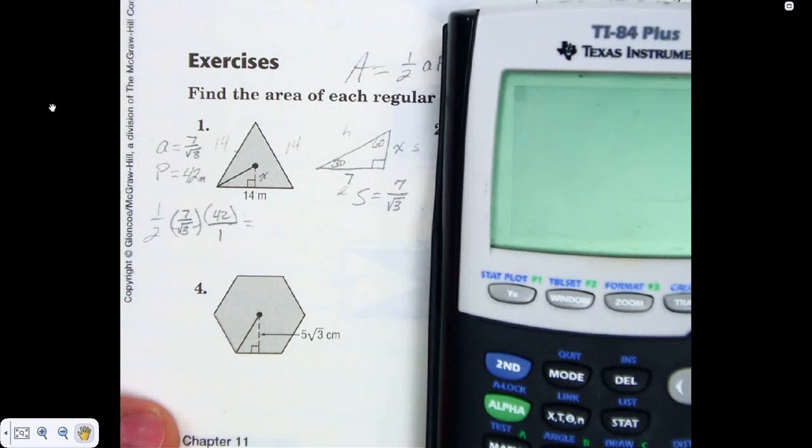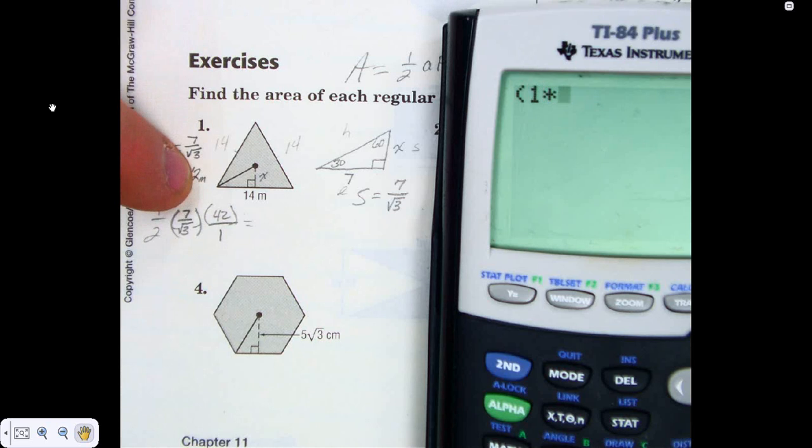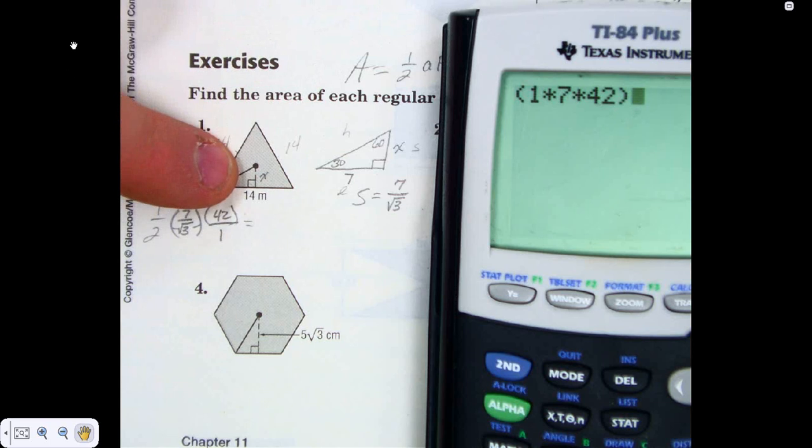What are we multiplying? On top, I'm going to put in parentheses, we've got 1 times what? 7 times what? 42? Does everyone agree that that's what's on top of those 3 fractions we're multiplying together there?